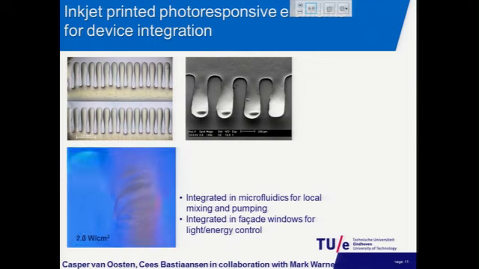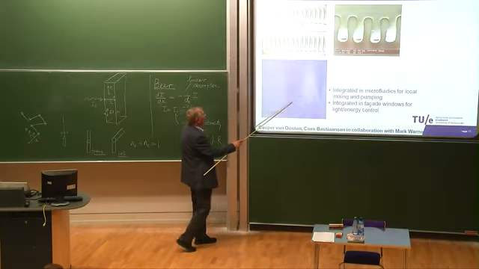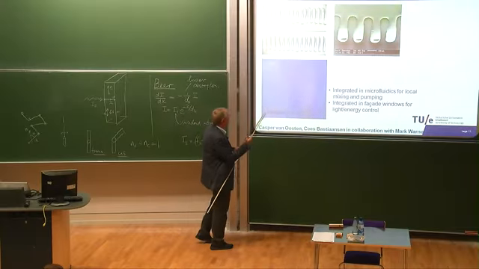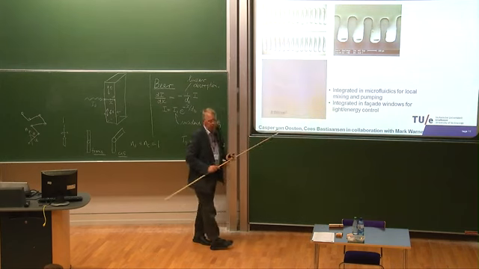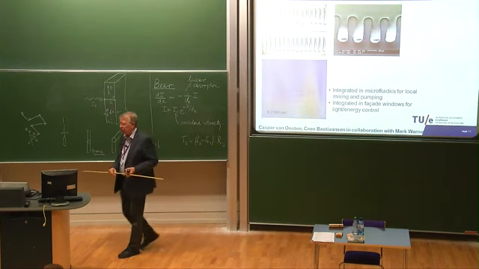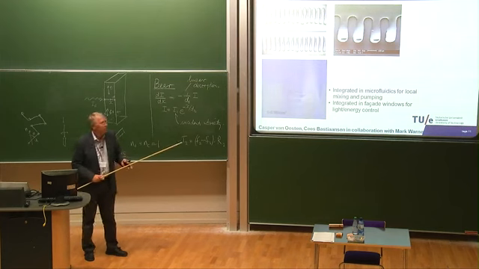If you expose these fingers, and this is in a scanning electron microscope, looking at the side of the fingers, we expose them when they are immersed in water, just to prevent any temperature effect in the system. So the fingers are immersed into water, and just depending on the intensity of the light, you can adjust the amplitude of the deformation.